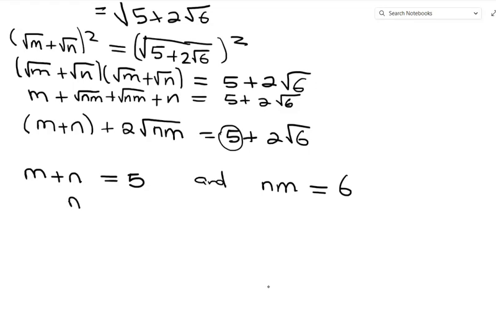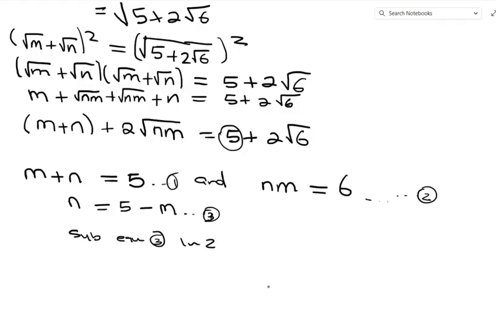So we can just say n is equal to 5 minus m, and then we can say this is equation number 1, this is equation 2, and this is equation 3. Then we can just say sub equation 3 in 2.